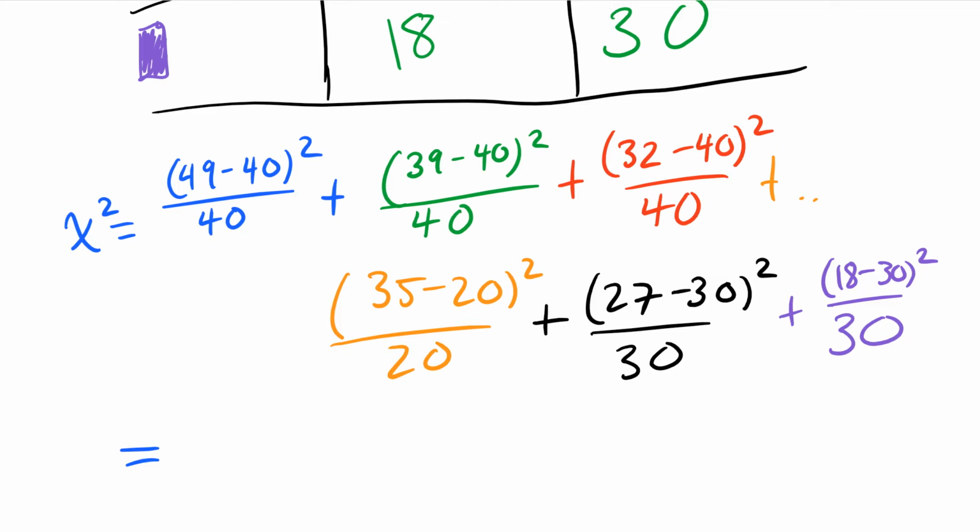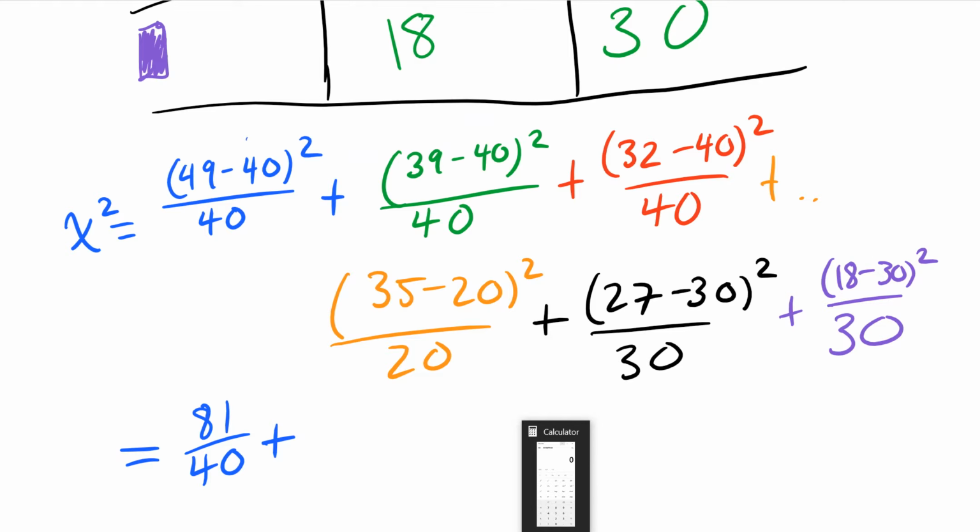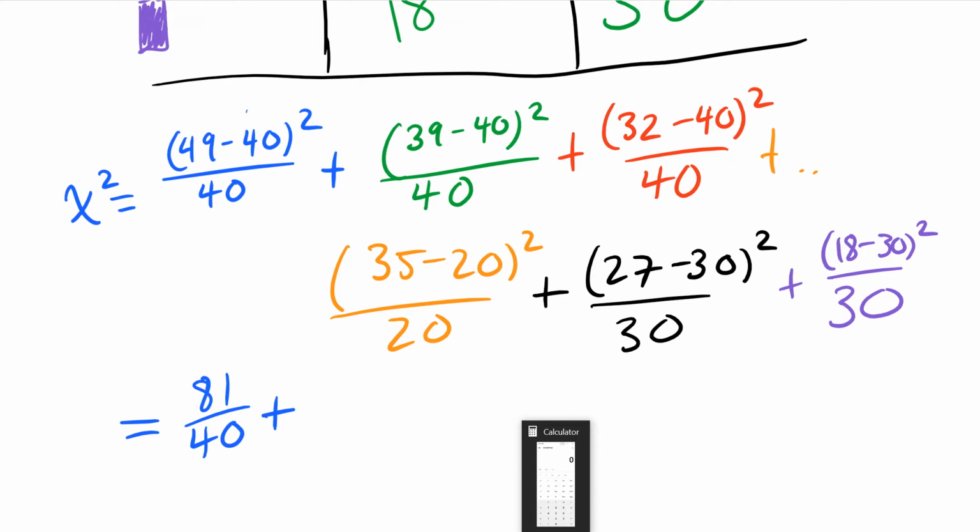So let's calculate what this is. So 49 minus 40 is 9 squared is 81 divided by 40 plus 39 minus 40 is minus 1, squared is 1, so we have 1 divided by 40 plus 32 minus 40 is negative 8. 8 squared is 64, so we have 64 divided by 40.